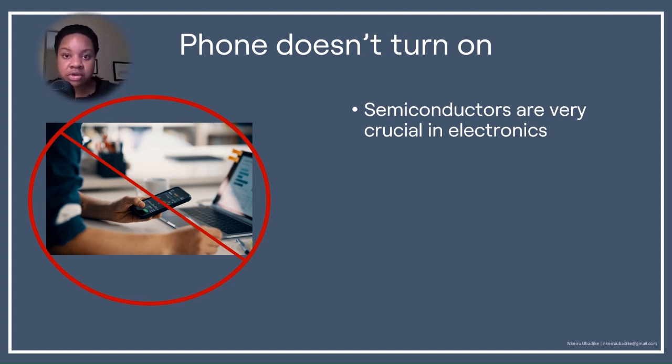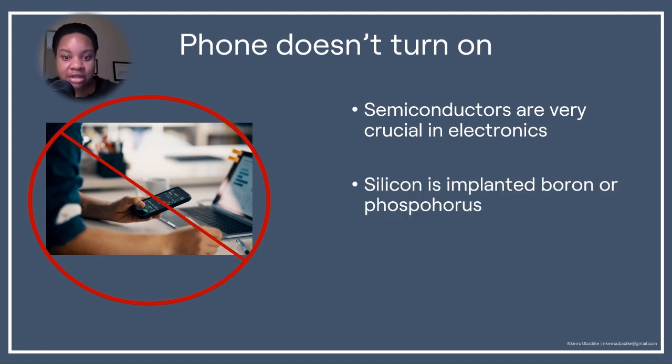This process is known as ion implantation, and it is essentially the addition of boron or phosphorus or some other atom into the silicon, which is the main material of your chip. And this improves quite a few characteristics of the chip, the most important of which is the conductivity.